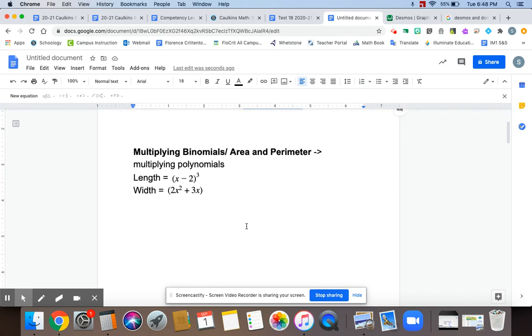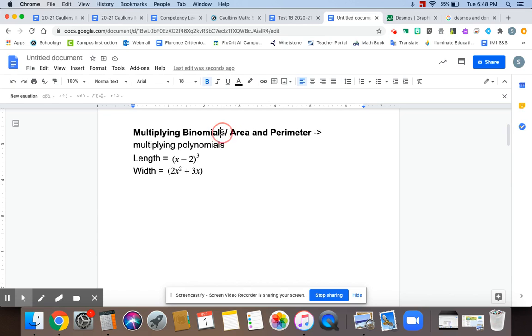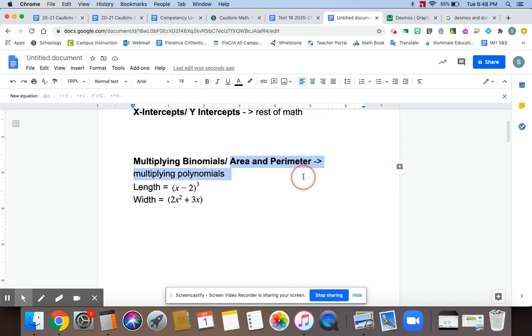So when it comes to multiplying binomials, remember a binomial meant that there are just two terms being multiplied. Now we're going to talk about multiplying polynomials if there's more than one being multiplied. And we're going to do it with area and perimeter because these concepts went together.